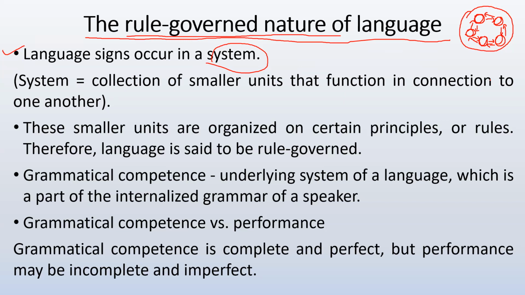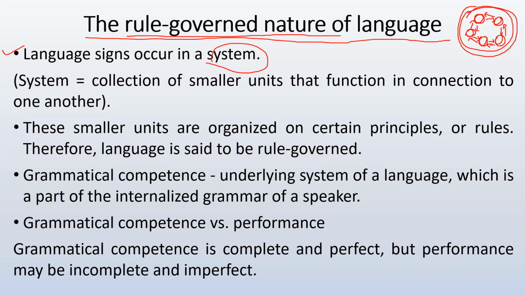Okay. So how do we apply this to language then? Because still I'm talking about this first point. How can we apply this kind of thing to language? Now, for us to call language a system, we should identify the smaller units inside the language, right?